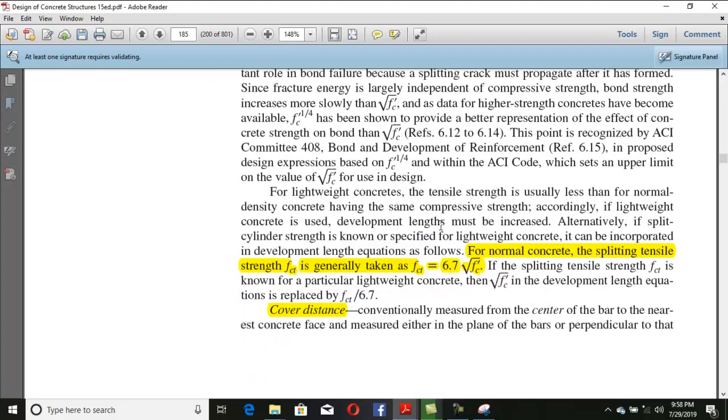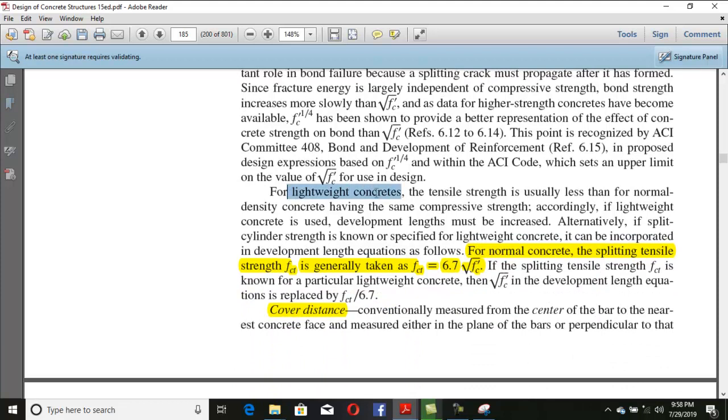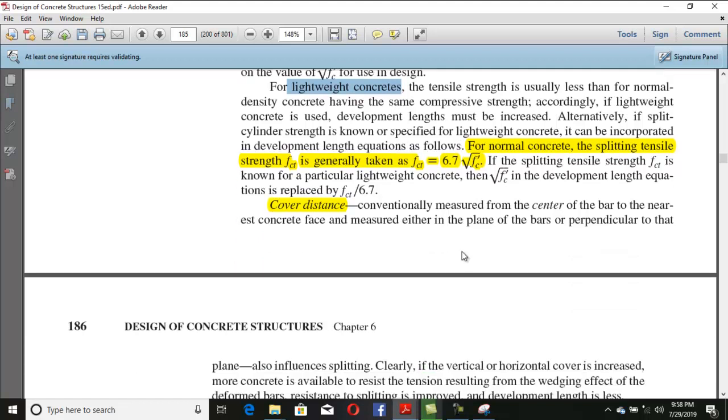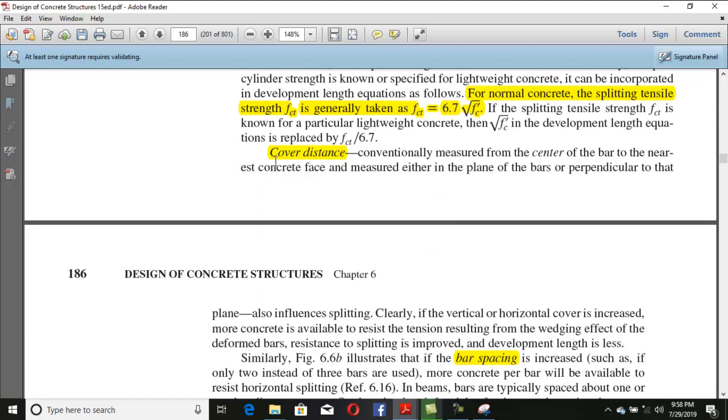The other thing, which is weight of concrete, is also important, because for lightweight concrete, the tensile strength is less as compared to normal weight concrete. And similarly, you can see cover distances. I already mentioned a lot about these cover distances: side cover, bottom cover, center to center.